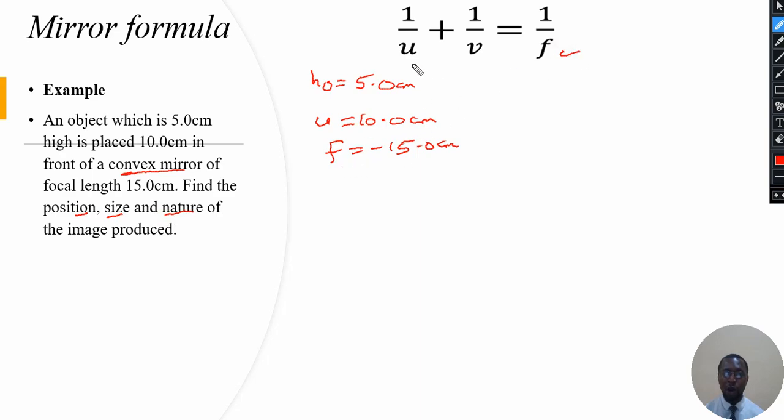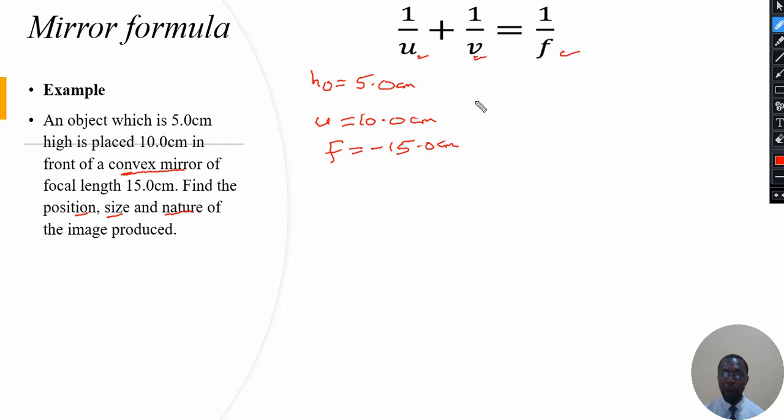Here we have our u in the question already. It's given to be 10. Our v is the distance of the image, and that's what we talk about, the position of the image. So we are looking for that, and our f is given to be 15.0.